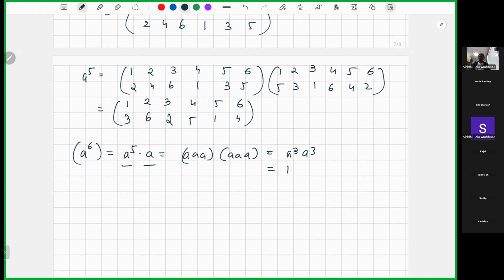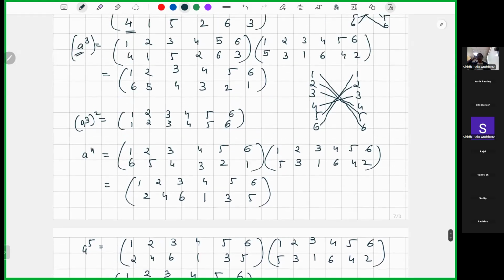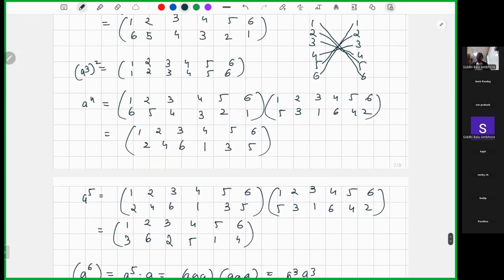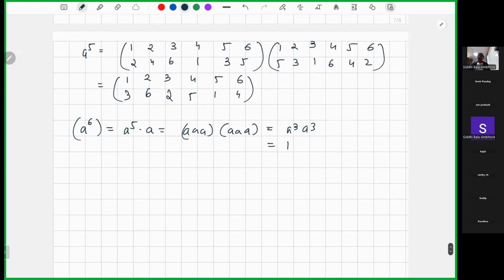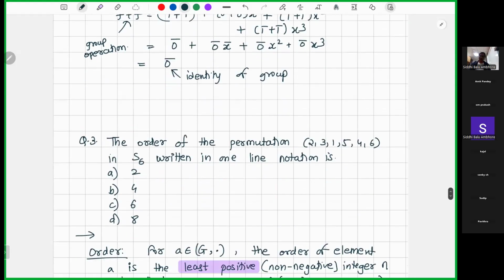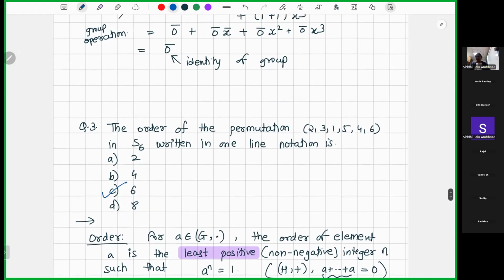Write this, try to multiply this and take this a cube square. It will be the identity permutation. And no integer lesser than 6 gives a power k equal to identity for k less than 6. So my order of this group is definitely 6. It's not 2, it's not 4.